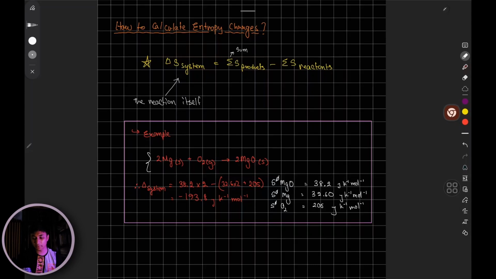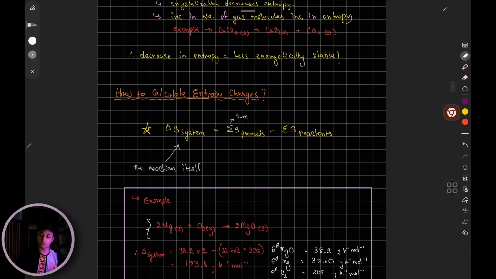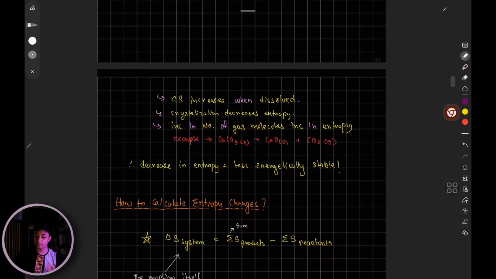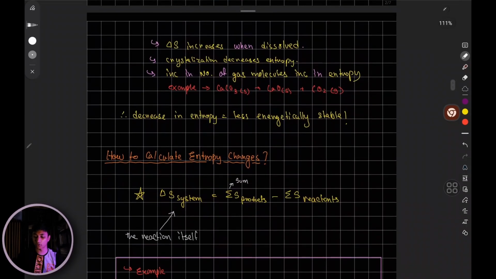In the previous video of this series, I talked about an example where I tried to find out, with arbitrary values, whether or not this reaction, calcium carbonate decomposing, is feasible. I mean, whether or not the entropy change is negative or positive.